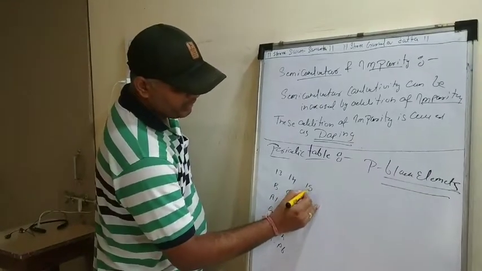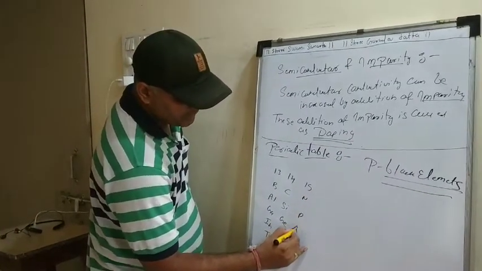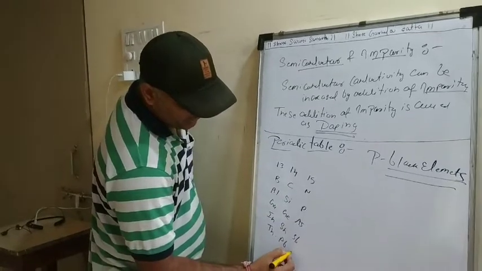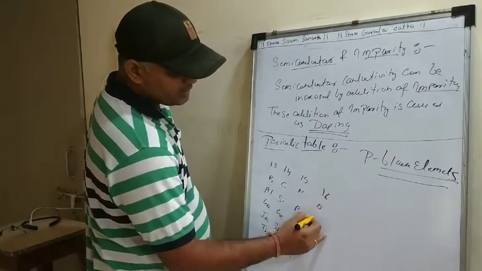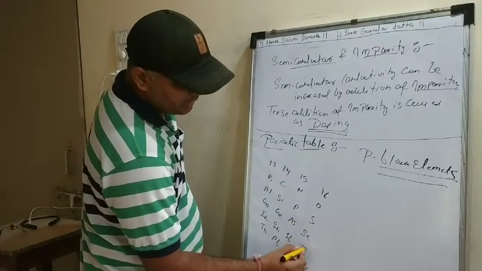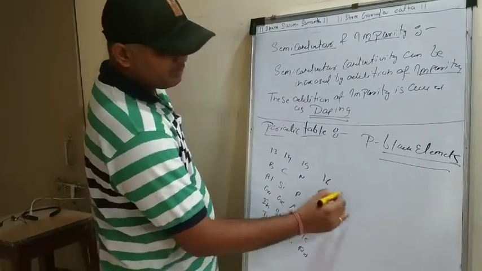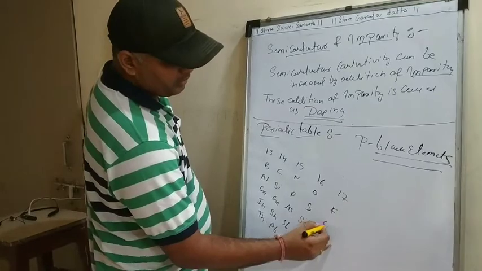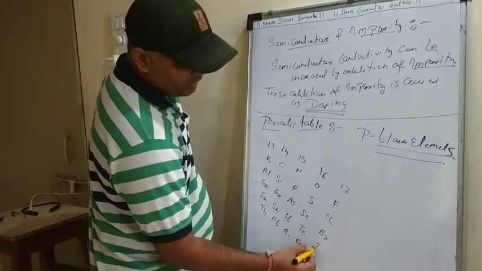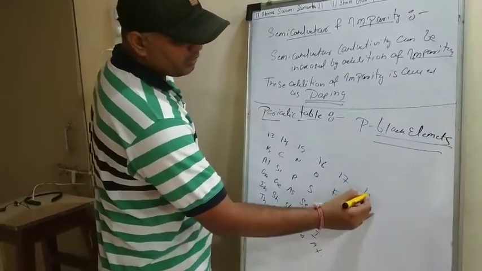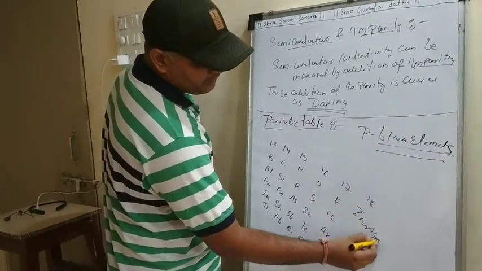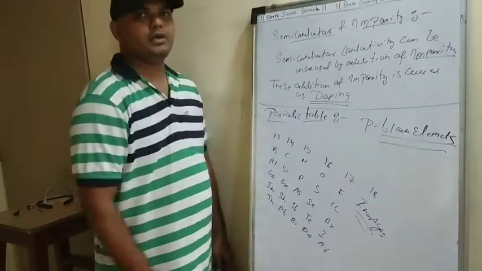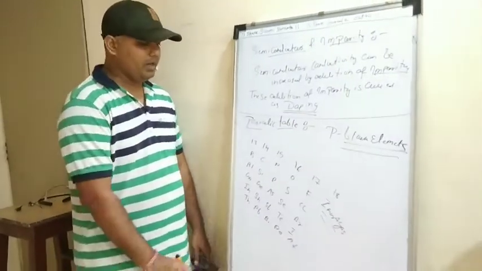Then group 15, nitrogen, phosphorus, arsenic, antimony and bismuth, right? Then group 16 will be oxygen, sulfur, selenium, tellurium, polonium. Group 17, fluorine, chlorine, bromine, iodine and astatine, right? And group 18 you all know, that is the inert gases, right? They are the inert gases, that is the neon, argon, krypton, xenon and radon, right?